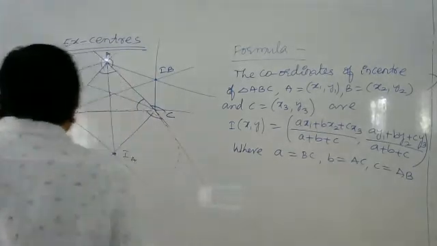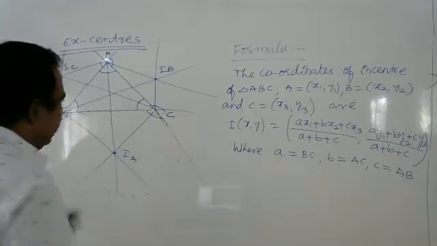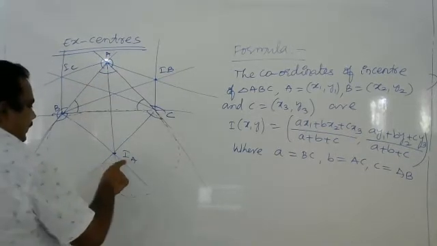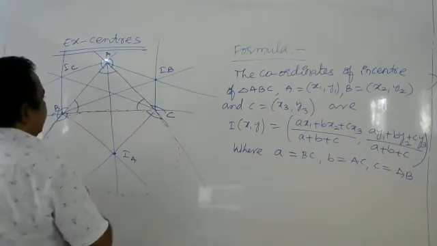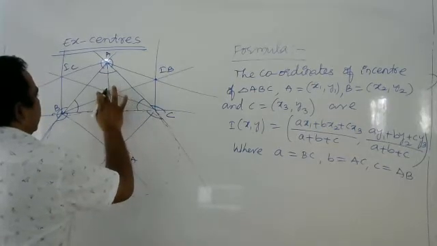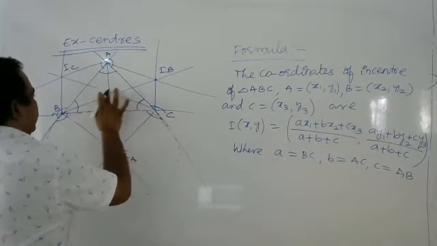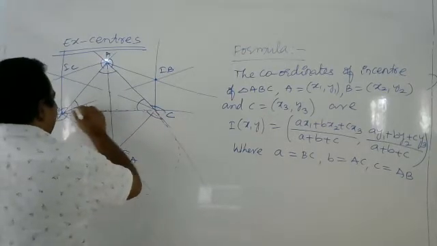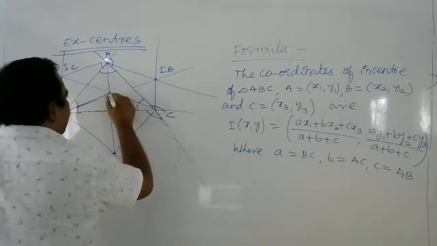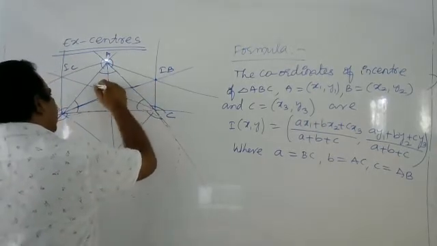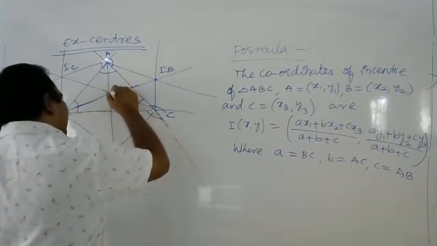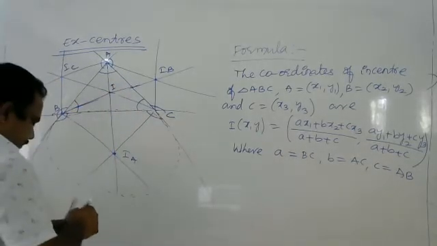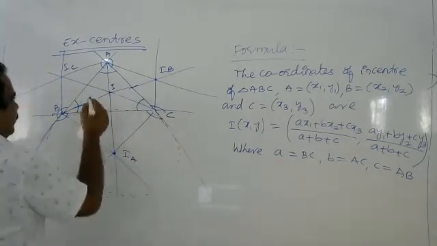So whatever the circle drawn, this is the excircle opposite to vertex A, and its center is IA. Then initially these are all intersecting at only one point. So this is our I, and whatever the circle is given, that is our incircle.